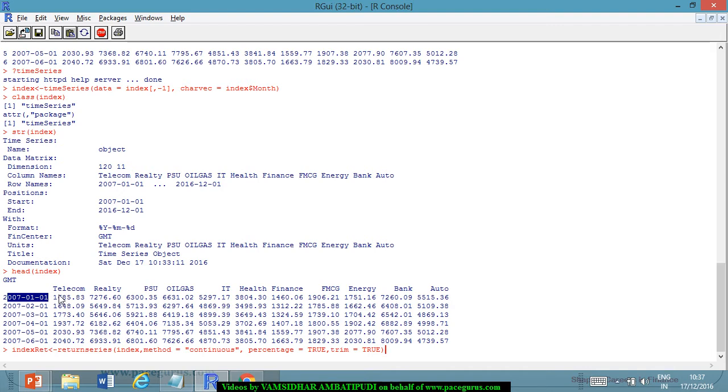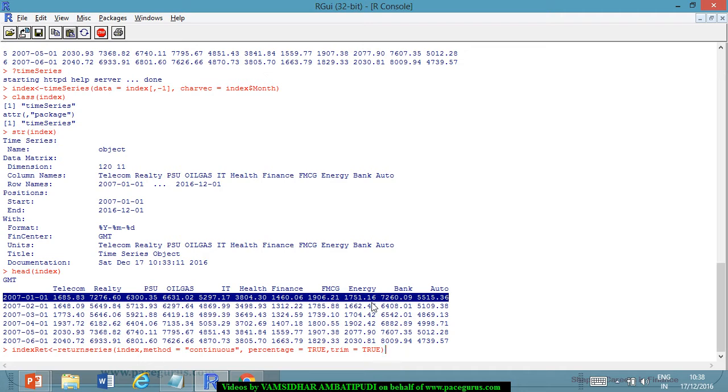Because I cannot compute this one at all, the row will be trimmed. If I have 120 rows of data, because of this trimming, this row will be lost and I'll have only 119 rows of data. But if I set trim equal to false, this will be shown as NAs, which look pretty odd, and I have to handle those NAs separately. So that's the reason I am going with computing the index returns in this manner.